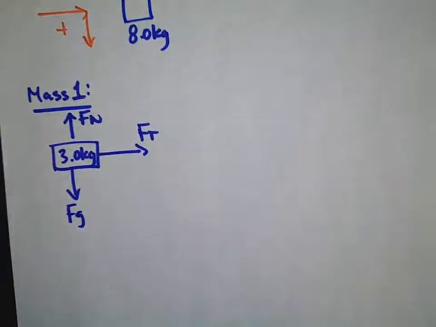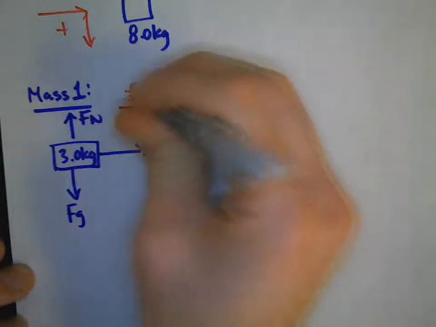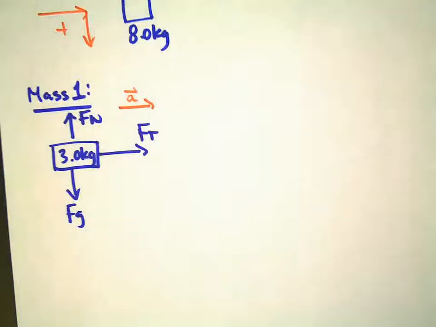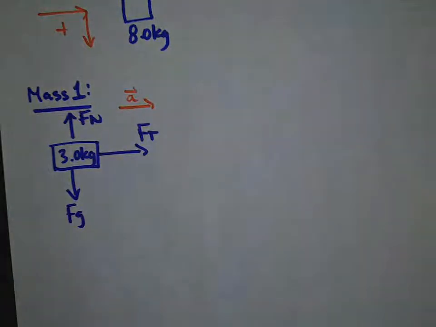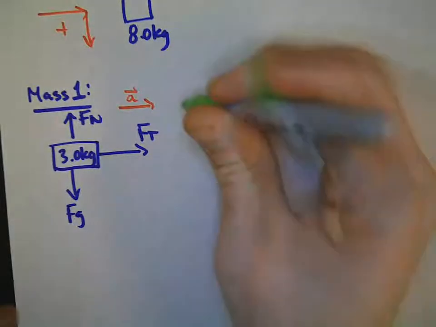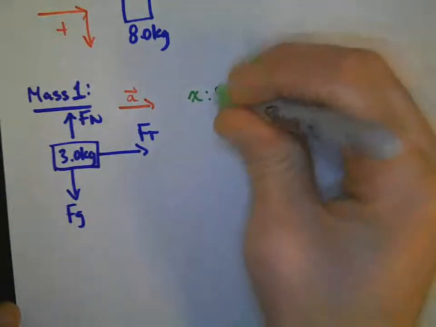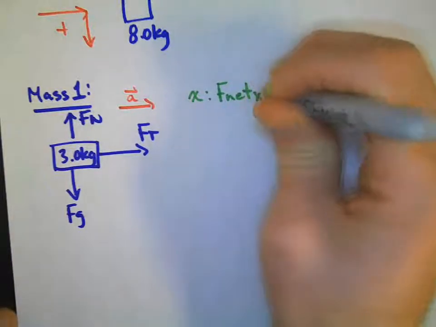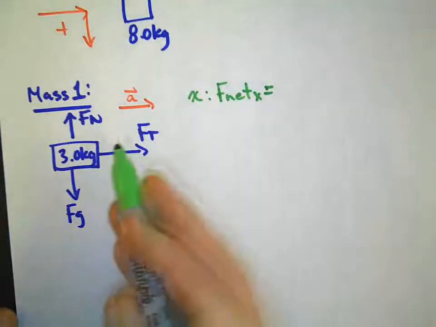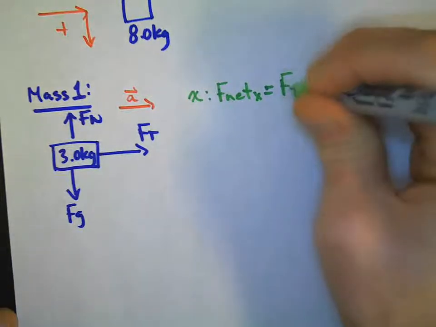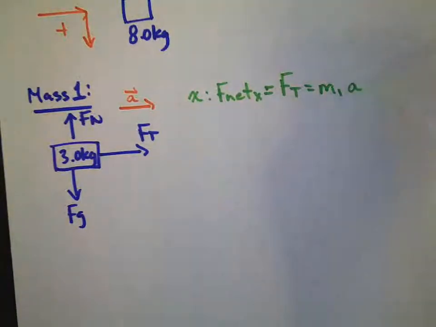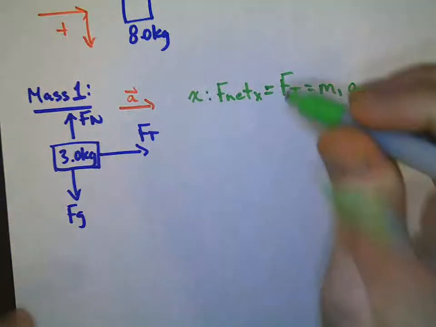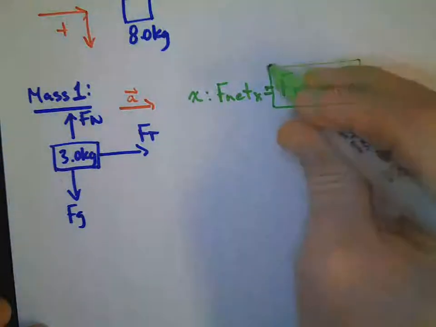And we will notice in this case that acceleration is only moving in the direction of motion, so we only have an x component that we need to focus on as we develop our solution in this case. And that tells us that my net force in the x direction is equal merely to our tensional force, which by Newton's second law is the mass of our first object and our acceleration. And we're going to use this fact in 1 second.